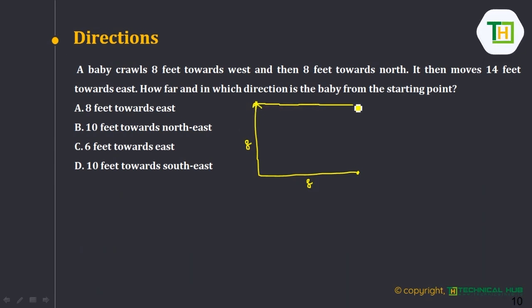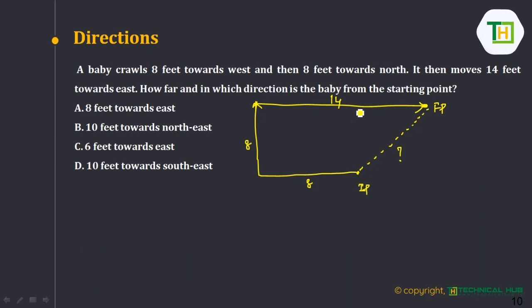So this is 14, and now the baby is there. How far and in which direction is the baby from the starting point? So this is the final position of the baby and this is the initial position. I have to find the distance between these two points.